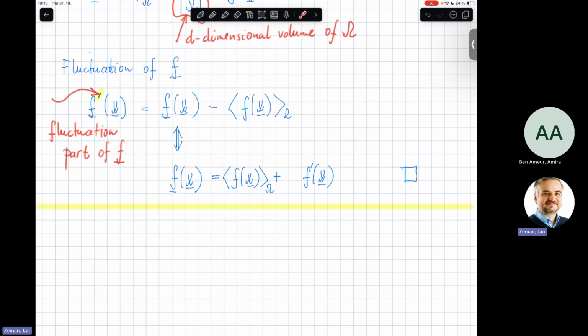So what I'm now claiming is that the first example of orthogonality is as follows.